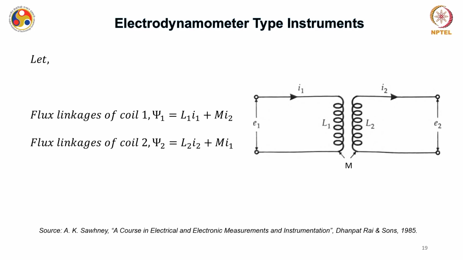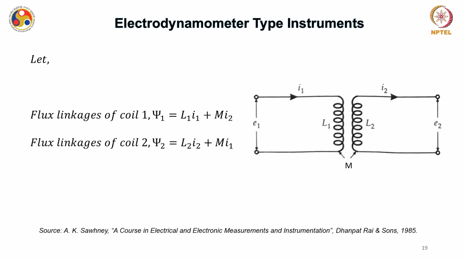So let us try to understand the flux linkage with both the coils in terms of these parameters. Say flux linkage of coil 1, we are calling it psi 1, should be equal to L1 into I1. But then there will be another term also, which is the mutual inductance into the current flowing in the second coil.